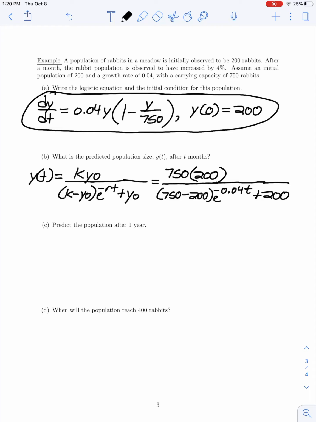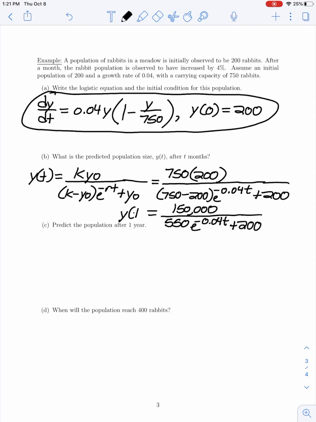So simplifying this just a little bit, in the numerator, our 750 times 200 will give us 150,000 over the 750 minus 200, which would leave us with 550 e to the negative 0.04 t plus 200.